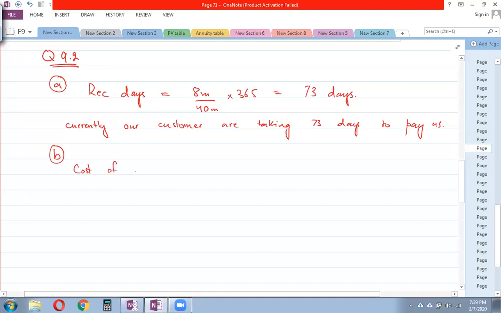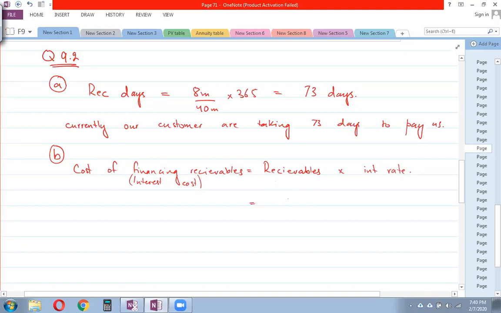Cost of financing receivables, which means your interest cost, right? That will be receivables multiplied by interest rate.